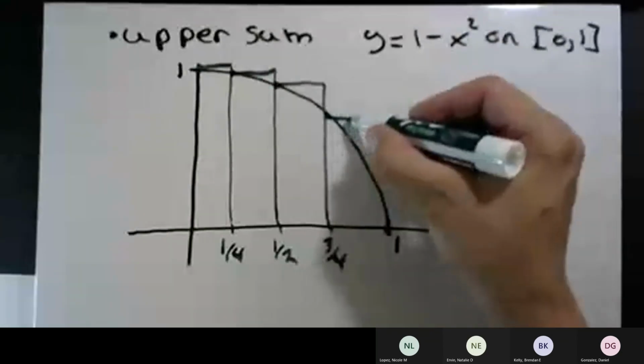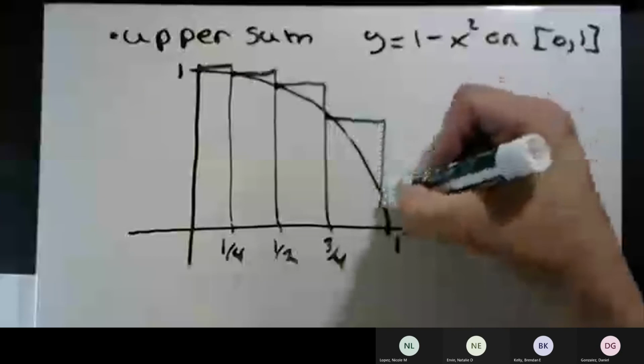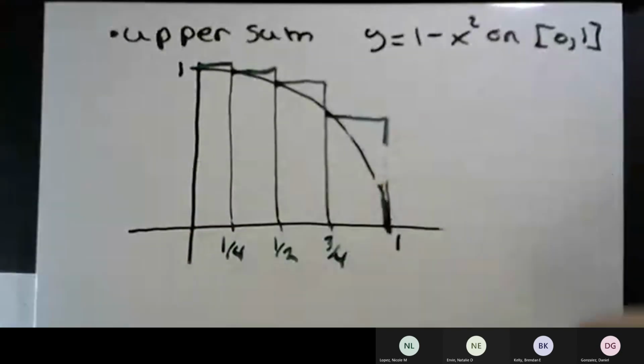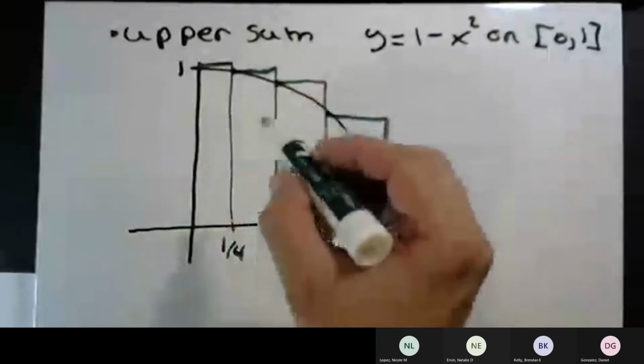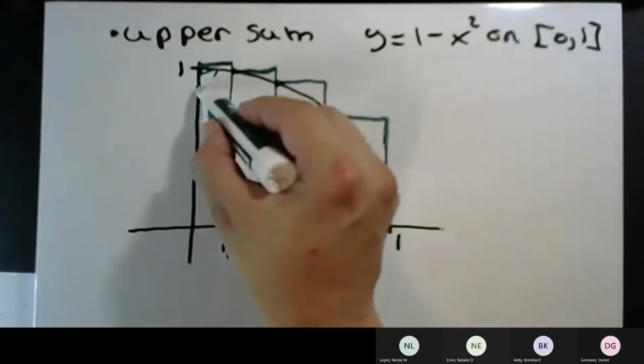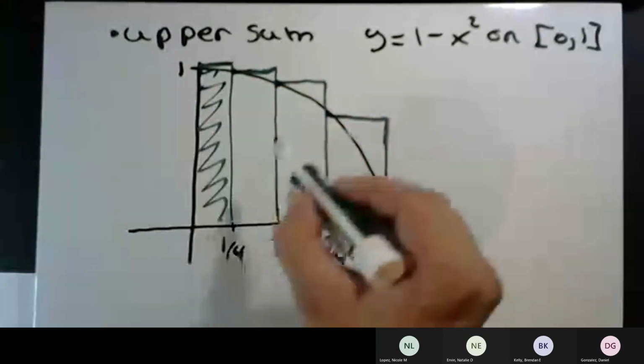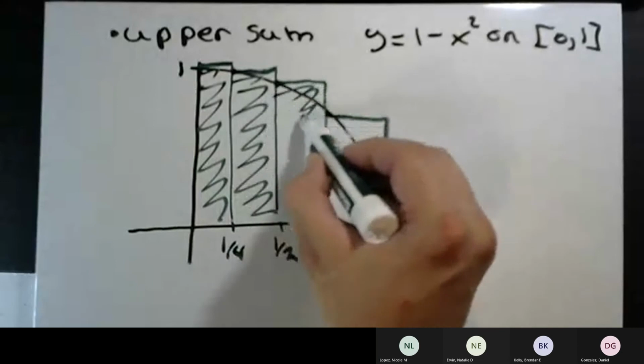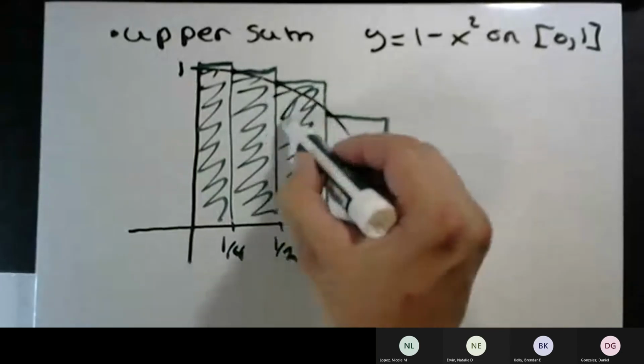And for this one, it doesn't have a height of 0 this time. It's going to have this. So now we're going to approximate using rectangles that sort of overshoot the mark. The ones that we had before were too small. These are just a bit too big.